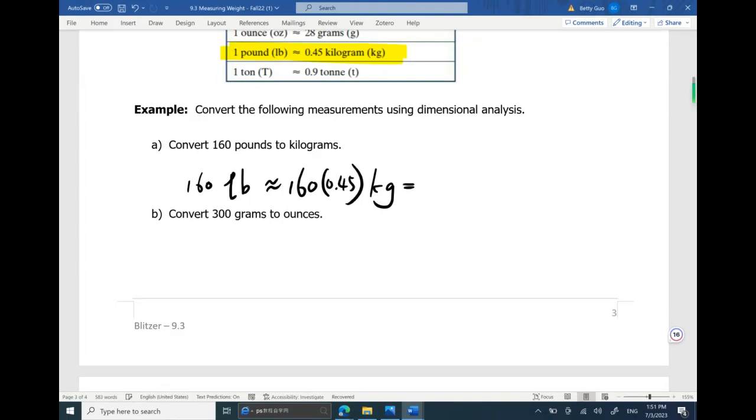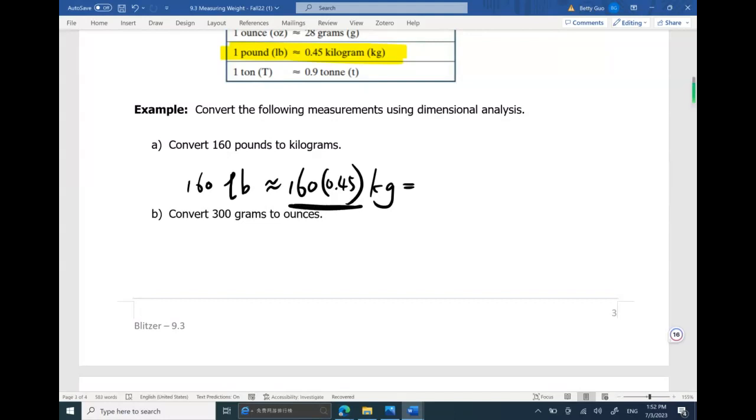A benefit of this method is sometimes you don't have to worry. I do not know when to multiply, I do not know when to divide. You don't have to worry. You can try both. The key thing is you need to know, is the unit bigger or smaller? And do you need a smaller number in front of it, or a bigger number? Like this question, kilogram is a bigger unit, so the number in front is supposed to be smaller.